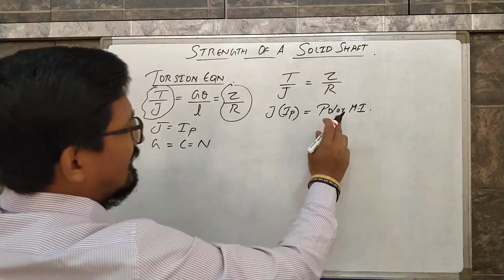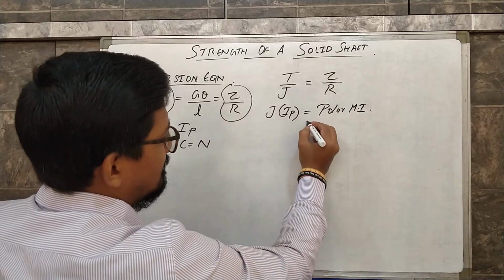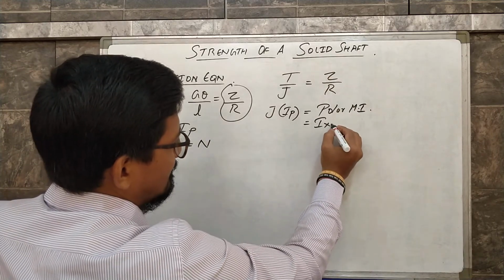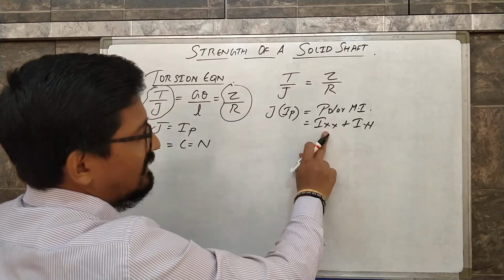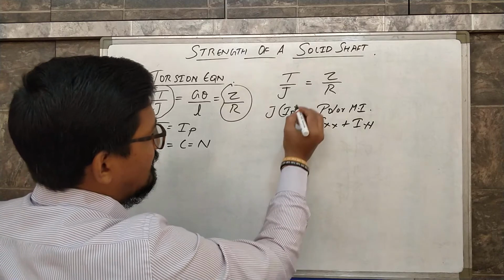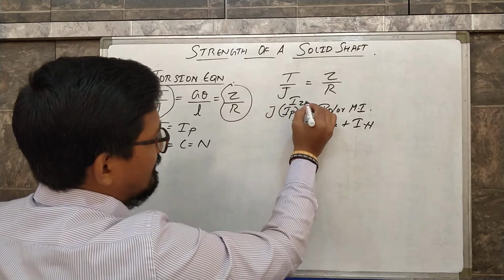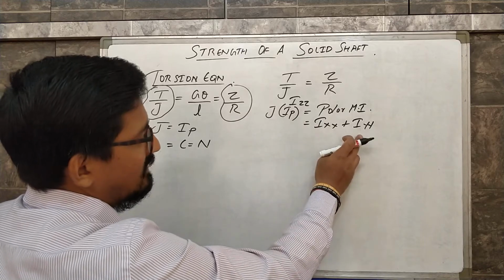So it is basically the moment of inertia on the third axis, which is also equal to Ixx plus Iyy. So moment of inertia about xx axis and moment of inertia about y axis, and it also can be called as Izz. So Izz, J or IP is equal to Ixx plus Iyy.